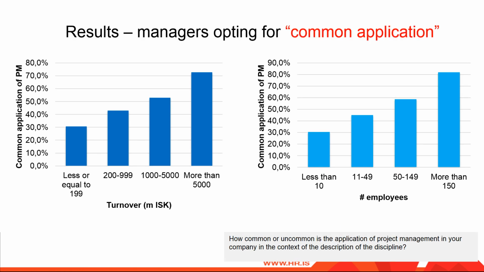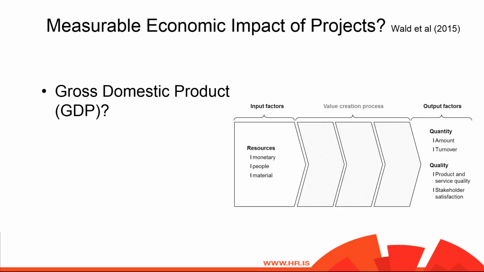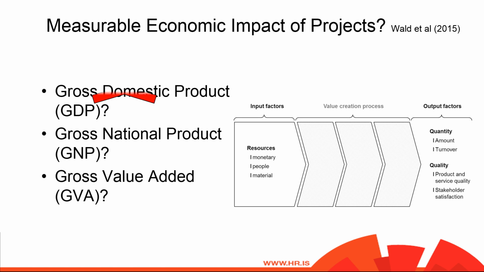The same applies for the common application, how widely projects are applied in the industries. And we have exactly the same trend. The larger the organization, the more likely the manager is to opt for that the application is common. So it's without any doubt that we have increased significance of projects within our society.